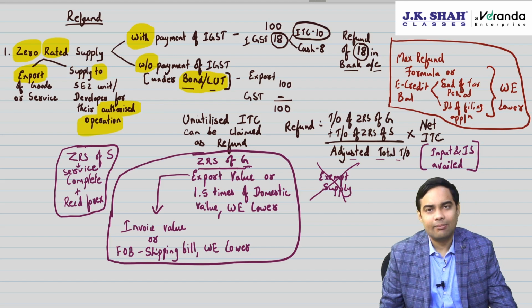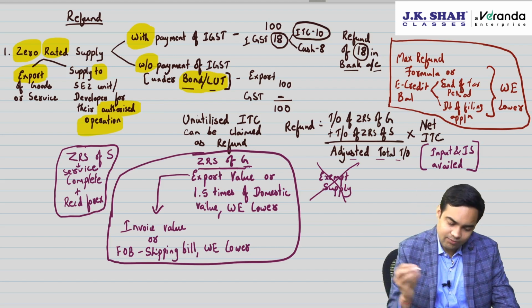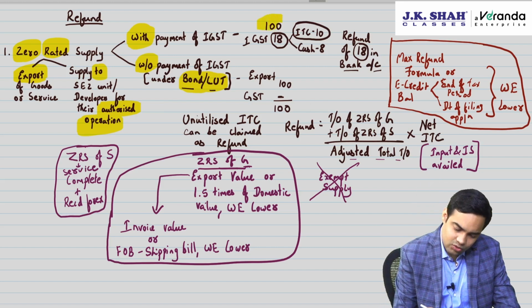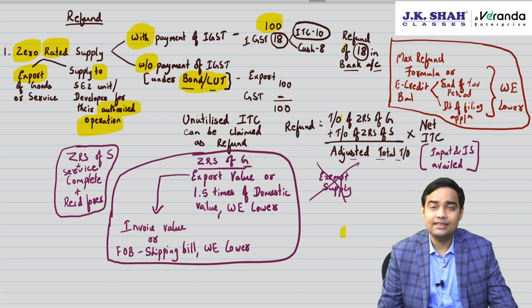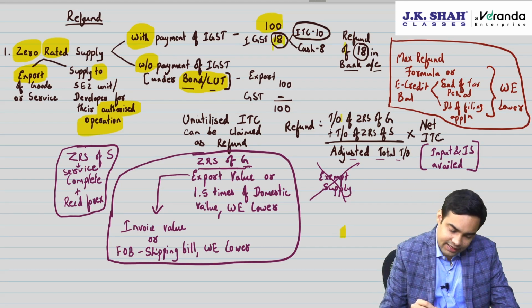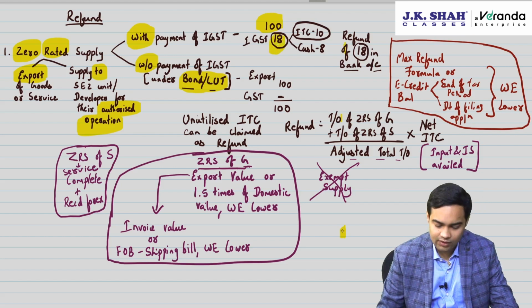Now, what happens in with payment of IGST? You basically export goods worth 100, charge 18 rupees as GST, but you don't collect this 18 rupees from the customer who is outside India. This 18 rupees you will pay. How will we pay it?